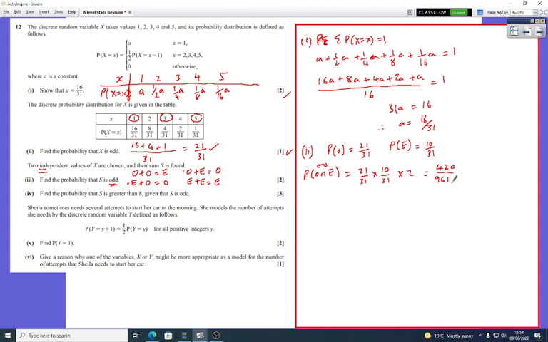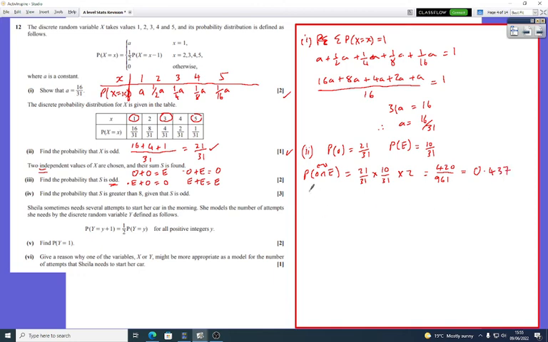Just 1 second. What did we say? 21 over 31 multiplied by 10 over 31 multiplied by 2. Yep, it's that. And if you want it as a decimal number to 3 significant figures, that would be 0.437.